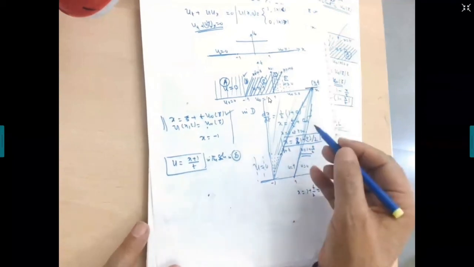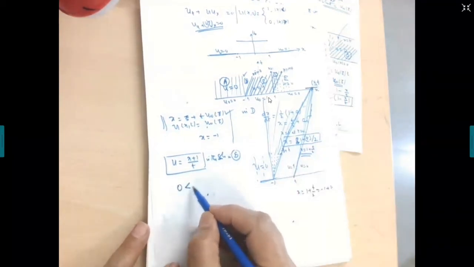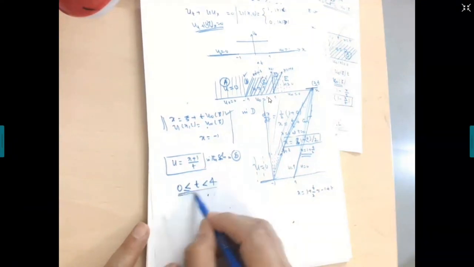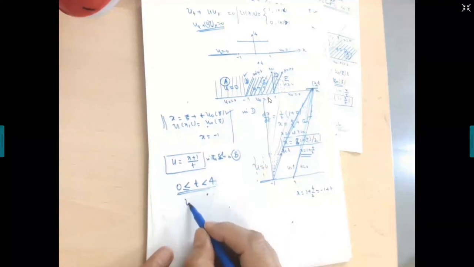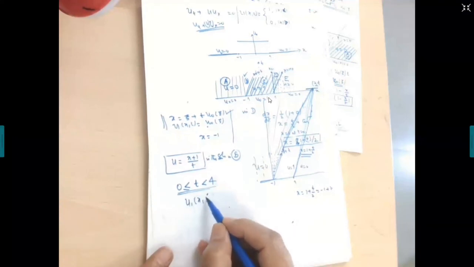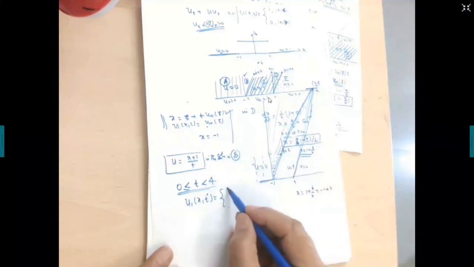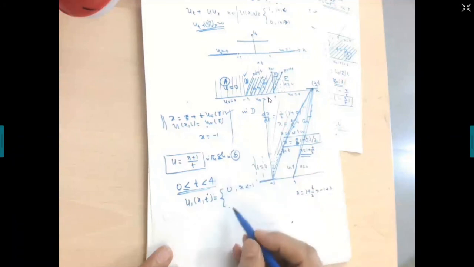So the first solution will be in this interval, t greater than or equal to 0, less than 4. This is the first interval in which the solution exists. Can you tell me quickly what is the solution? On the left, it is 0 when x is less than minus 1.